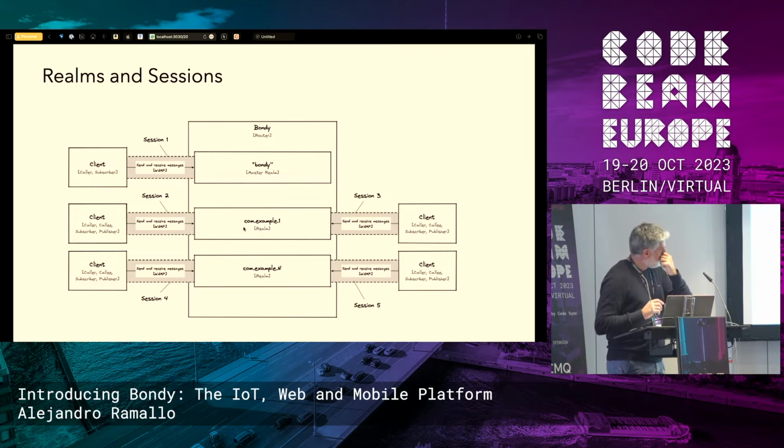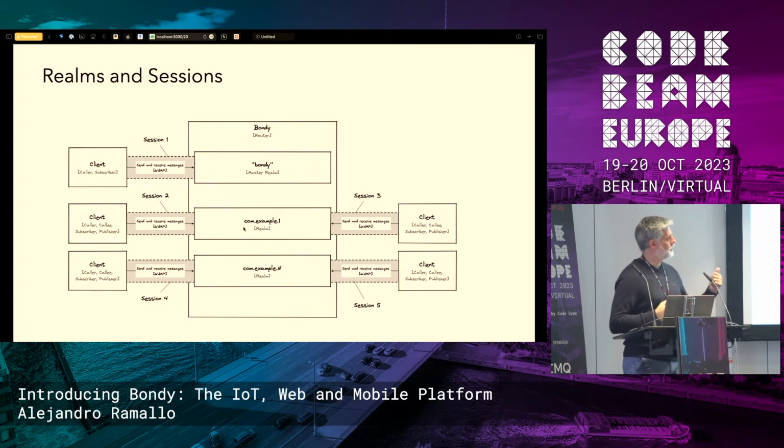So in WAMP, you have this idea of isolation using realms, or otherwise called namespaces. So in Bondy, you can create multiple namespaces. These are logical. It's not like in MQTT mount points that you need a port. This is completely logical. So the limit to the number of realms is the limit in your hardware memory.